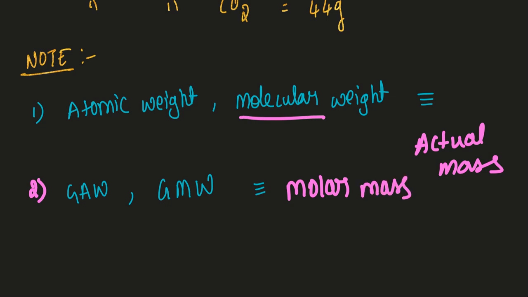Instead of saying the gram atomic weight of sodium is 23 grams, you can say the molar mass of sodium is 23 grams. What is the latest word for gram atomic weight? Molar mass. For gram molecular weight? Molar mass. For molecular weight? Actual mass. Atomic weight? Actual mass. I hope you understood.